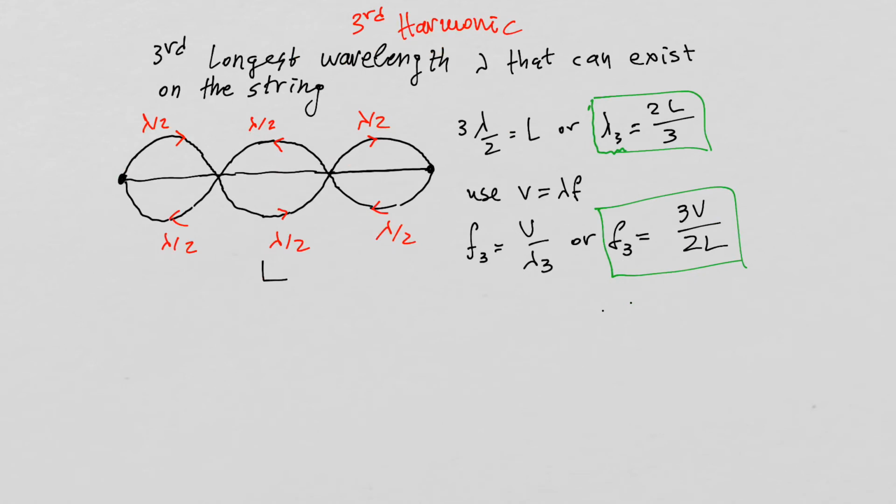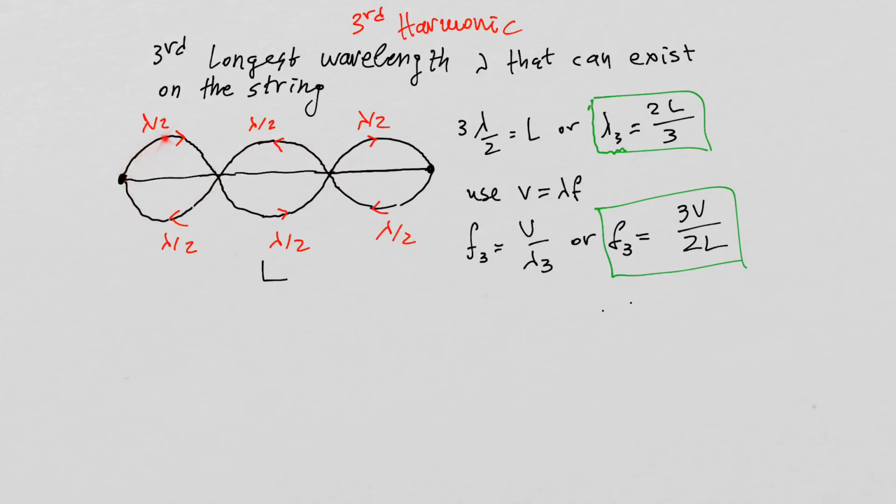Finally, the third harmonic is going to be the wave with the third longest wavelength lambda that can exist on this string. So the string again is fixed at both ends, and now the wave is generated from the left fixed position, and then it's going to propagate to the right like so, it will reflect from the right fixed point, and then it's going to propagate back to the left.